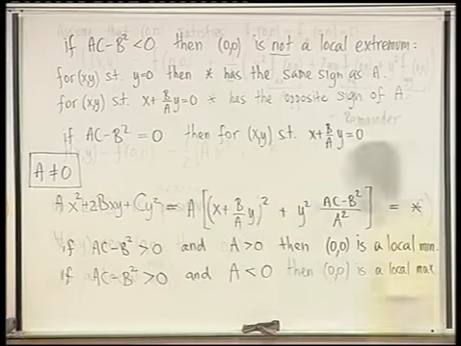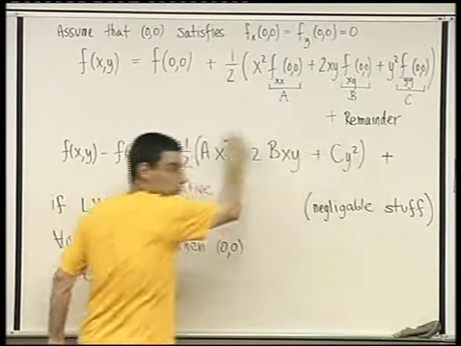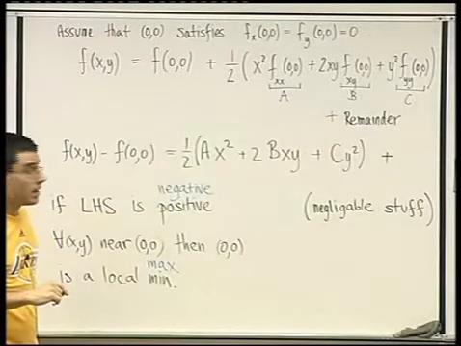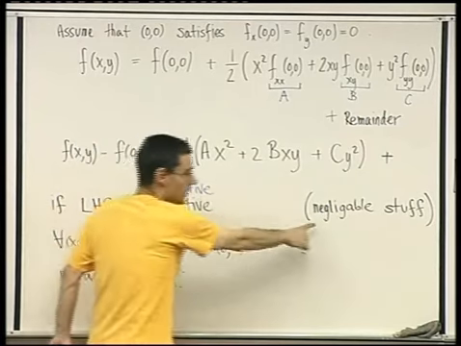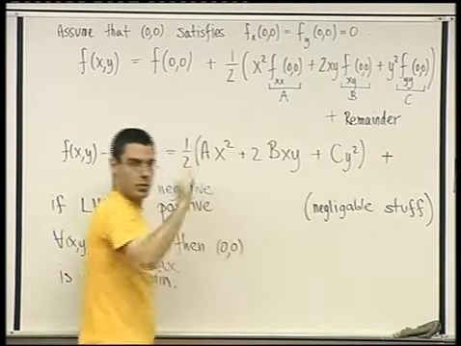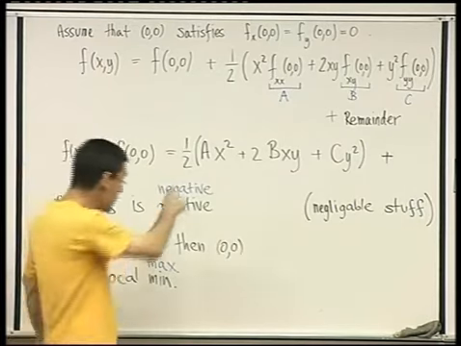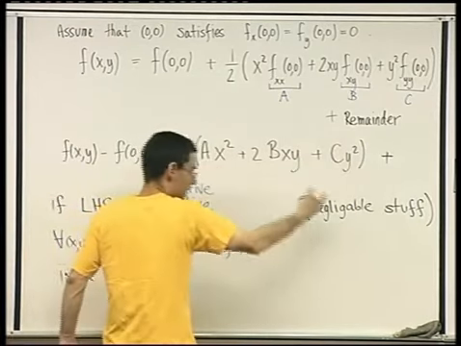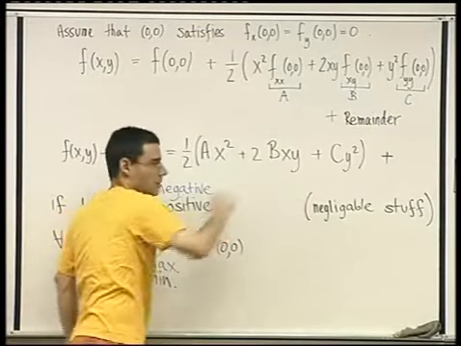Looking one board back, this is 0. Do you agree? But if this is 0, the negligible stuff is no longer negligible. If this thing vanishes, then the negligible stuff becomes the essential stuff. That's where the information lies.